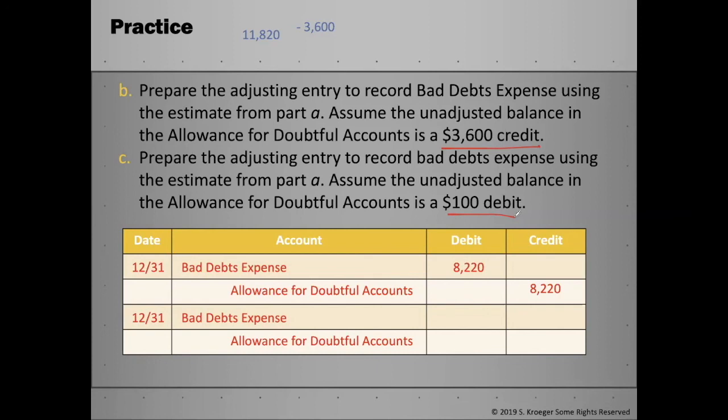Doing the estimate is always the same journal entry. Now, to come up with the amount, because it's a debit, we add. We'll take the $11,820 plus $100. When we add these numbers, we get $11,920, and that's our journal entry.